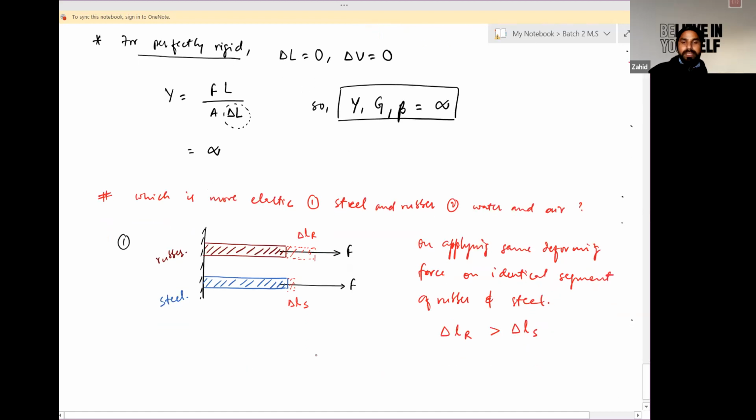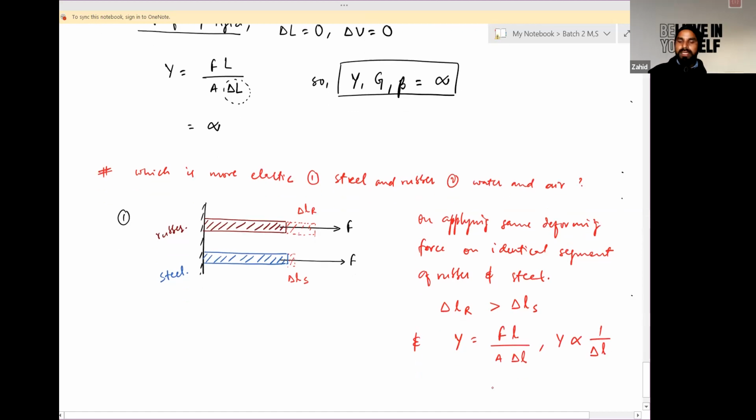And as we know, Young's modulus is inversely proportional to deformation. Young's modulus equals F times L divided by A times delta L, which means it is inversely proportional to delta L. So greater the value of deformation, the smaller the Young's modulus. Therefore, Young's modulus in rubber will be smaller as compared to steel.